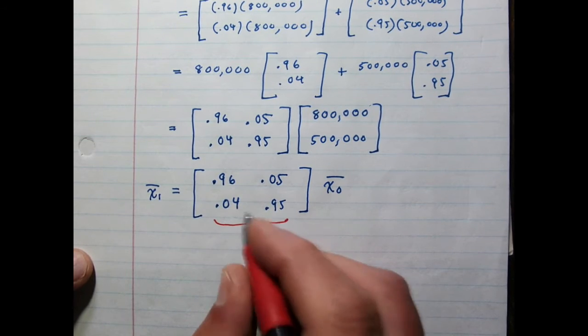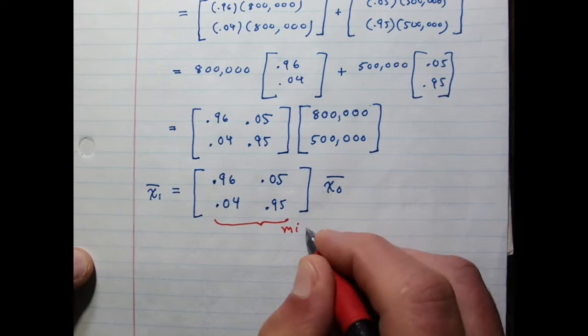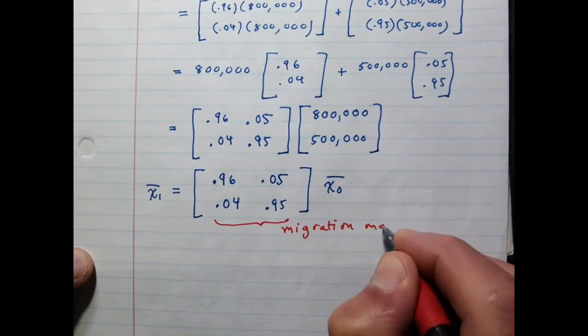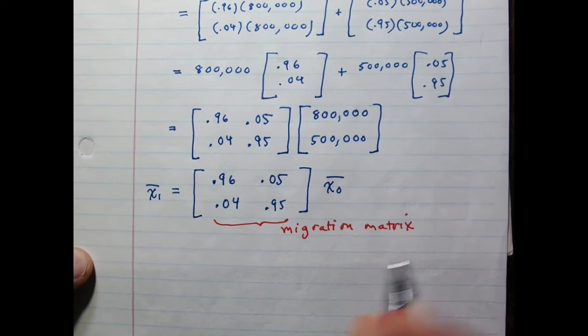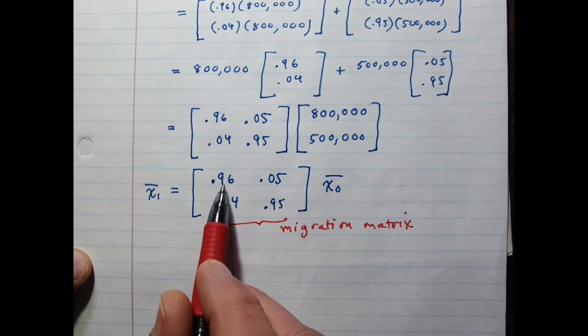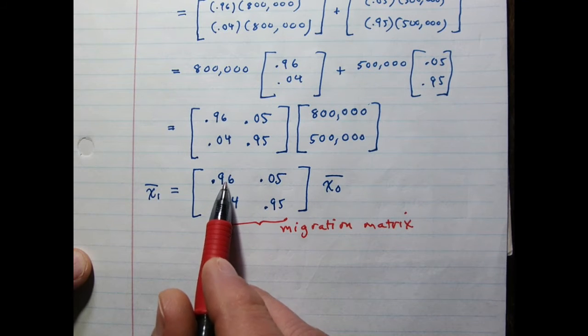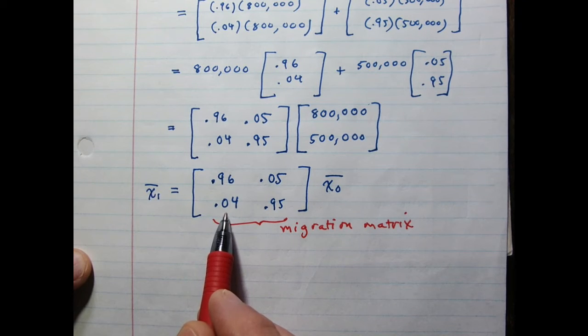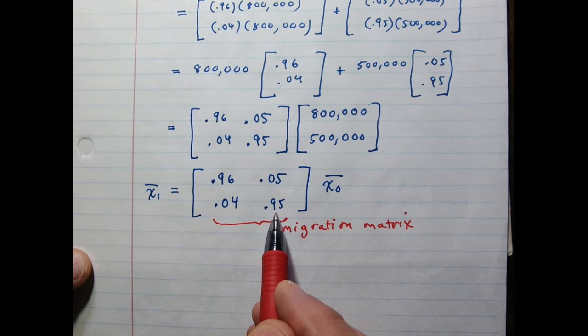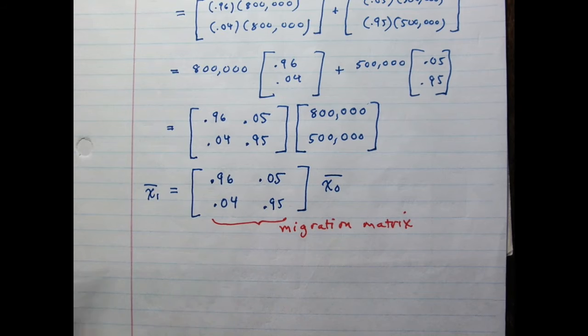There's a word for this. This is called a migration matrix. The 0.96 represents the percentage who stays in the city, 0.04 who leaves the city for the suburbs. 0.05, the percentage who leaves the suburbs, go to the city. 0.95, percentage who stay in the suburbs.